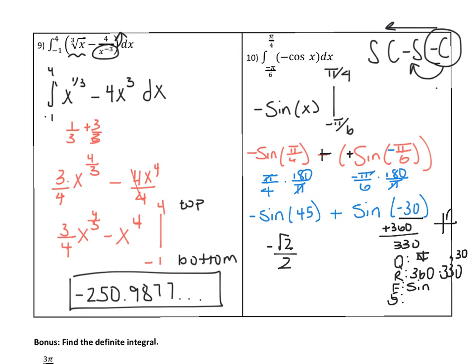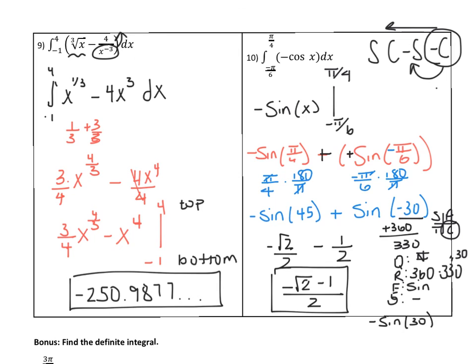So up here, all students take calc. So in quadrant 4, cosine is the only thing that's positive, therefore sine will be negative. So this is negative sine of 30. If you look at your exact value charts, you're going to see sine of 30 is 1/2. So the answer is just negative 1/2. And then to write your answer nicely, negative rad 2 minus 1 all over a common denominator of rad 2.